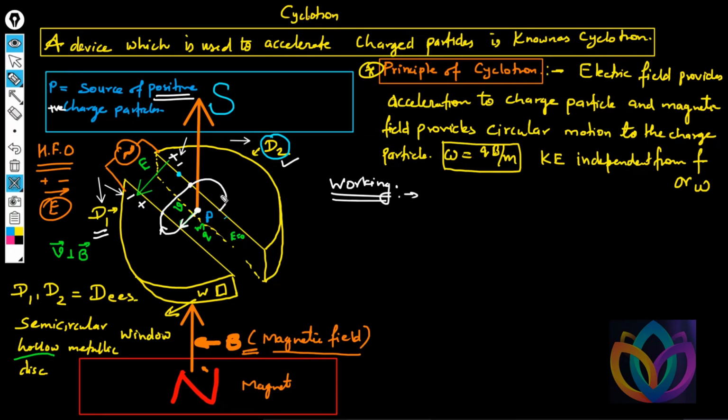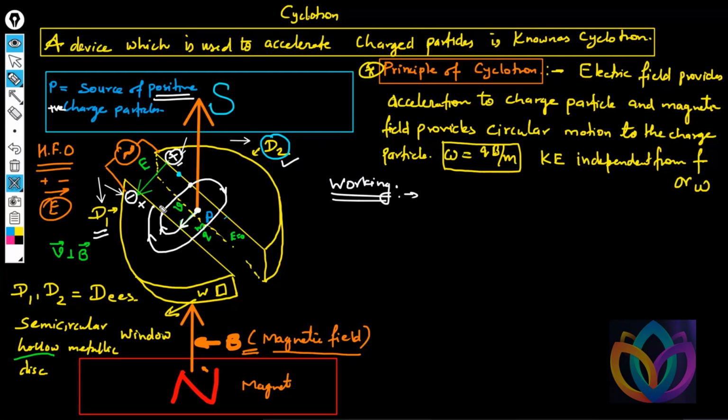Then after half rotation, the polarity of D1 and D2 gets reversed. Now D1 will become negatively charged and D2 positively charged. So again the positive charged particle will be accelerated towards D1. Once it enters inside D1, the electric field is absent, only the magnetic field is there, and velocity is perpendicular to the magnetic field. It will follow a semicircular path.